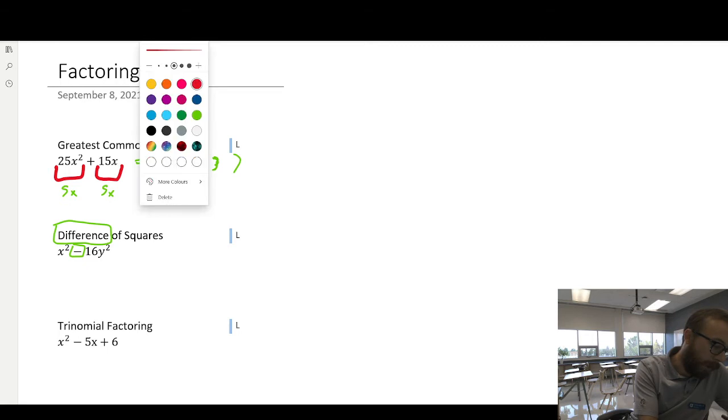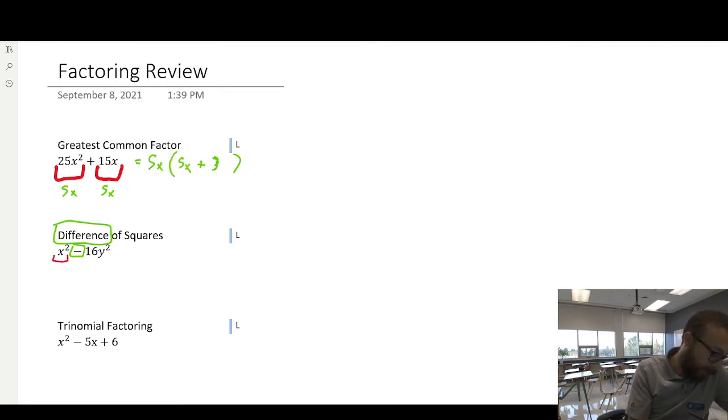And we know that they are squares because this is literally x squared, so that's simple. It's literally y squared. And then 16 is a square number. Okay, so all of those things make it pretty straightforward. So these are both squares, and that's why we call it a difference of squares.